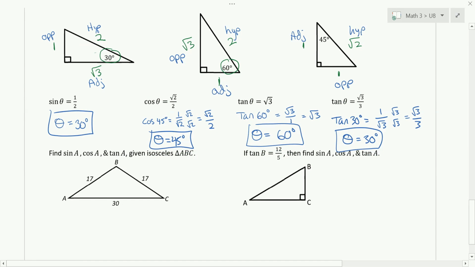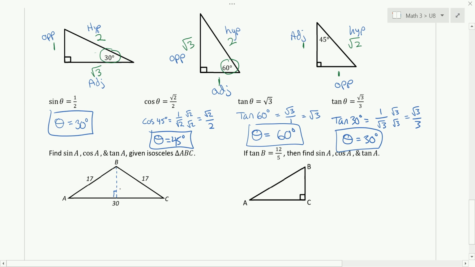Now, I know we're running near the end, but I want to show you something on these last two triangles here. We're asked to find the sine, cosine, and tangent on both of these. You can only find sine, cosine, and tangent if it's a right triangle. This is not a right triangle. This is an isosceles triangle, so we have to split it up. Cut it down the middle. You have to make a right triangle for this to work.